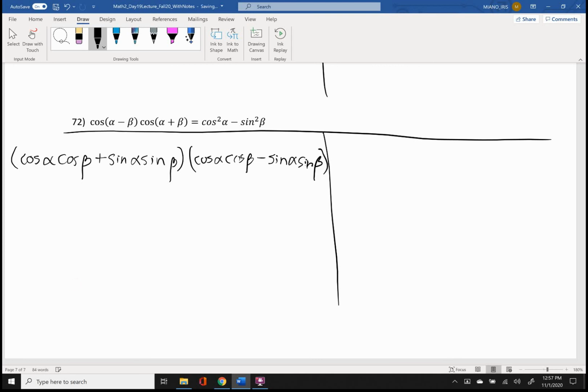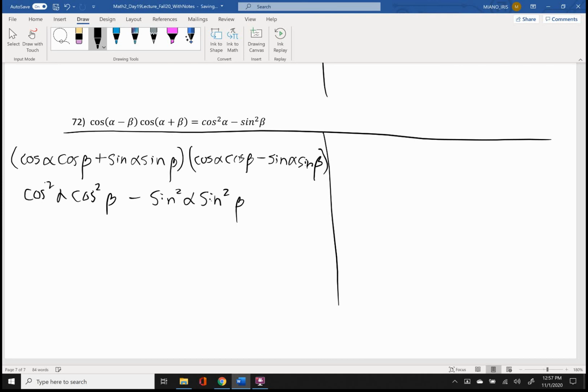Okay, and then what I'll do here is I will recognize that I have some difference product rule that I can implement to relatively quickly call it the following: cosine squared alpha, cosine squared beta, minus sine squared alpha, sine squared beta.